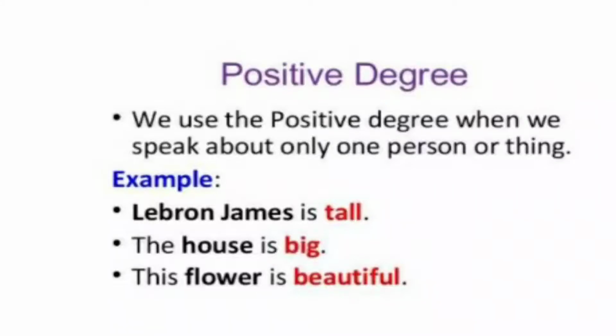In the second sentence we are talking about house. How is the house? It is big. And in the third sentence we are saying this flower is beautiful. So we are not comparing. We are talking only about James in the first sentence, house in the second, and flower in the third. So this degree is called positive degree of comparison, where we are not comparing anybody with anything, or we are talking of only one person.